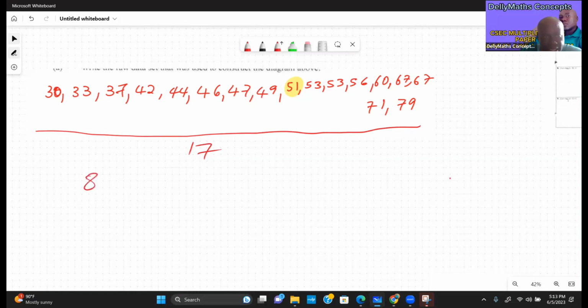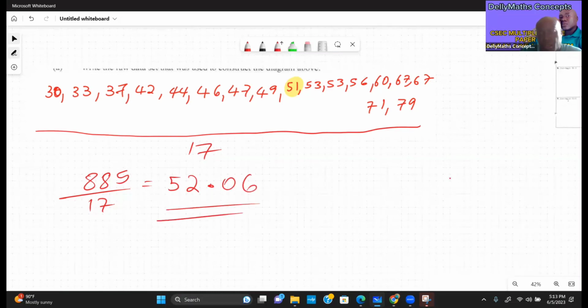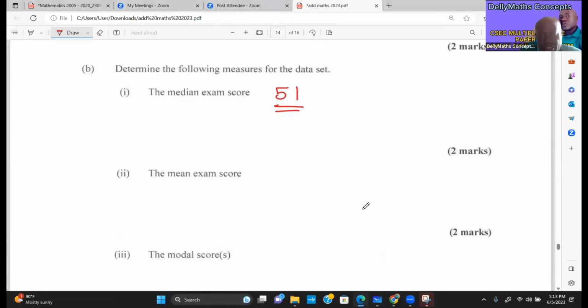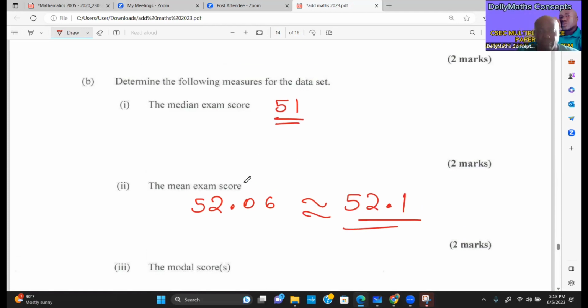So I'm getting 885 over 17. Let's divide that by 17. So I'm getting 52.06. All right, 52.06. That's my mean. So the mean score was 52.06, or we could say 52.1, whichever one we want to write.